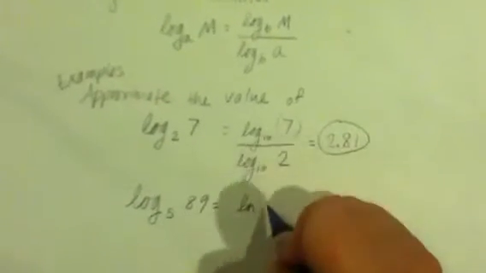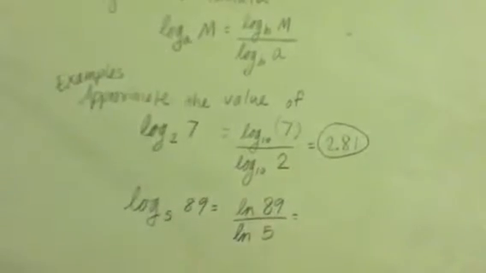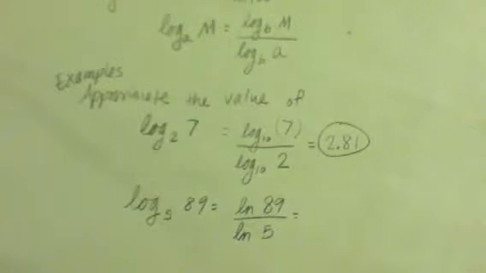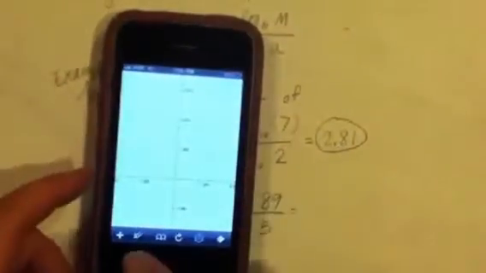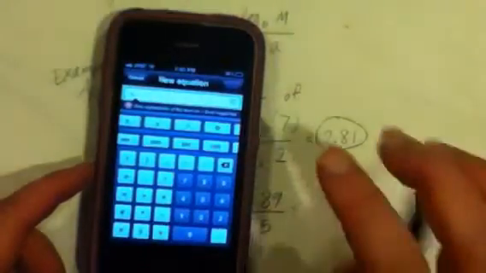So we would do natural log of 89 divided by the natural log of 5. If you decided you wanted to use a different calculator, say for example, QuickGraph, I think this is one we've talked about in class before, go to our calculator feature and find what we want in our little bar here. There it is.